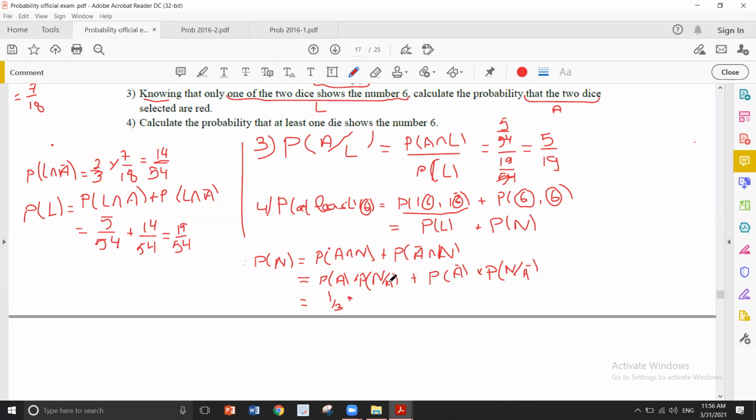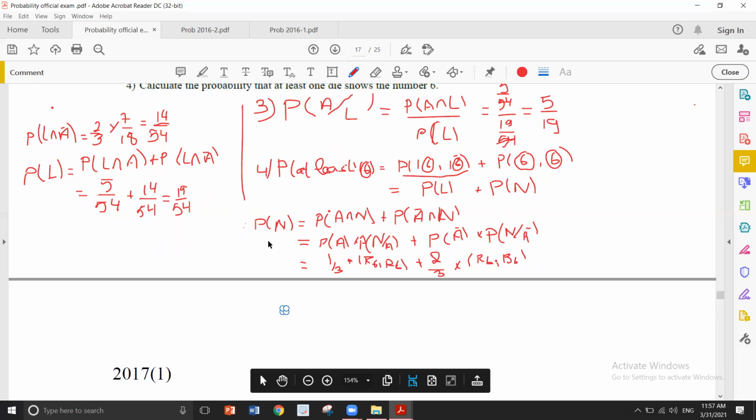Given A, we choose two red dice and we get two 6s. It means the first red die gives 6 and the second red die gives 6. Plus 2/3 times a red 6 and a black 6.